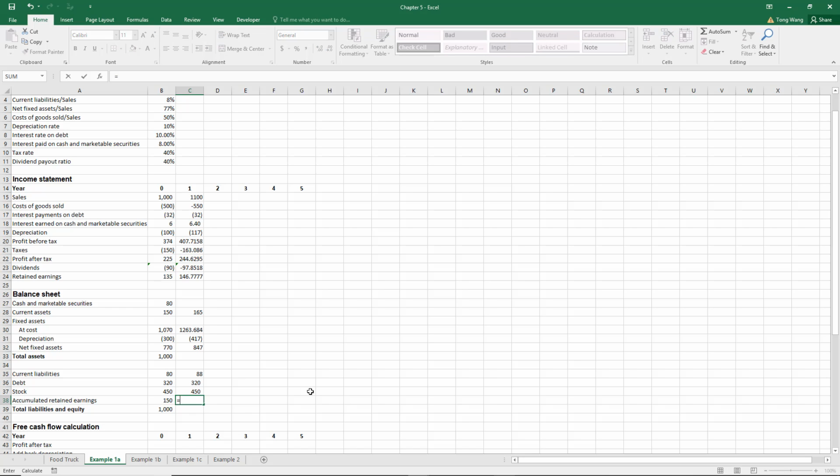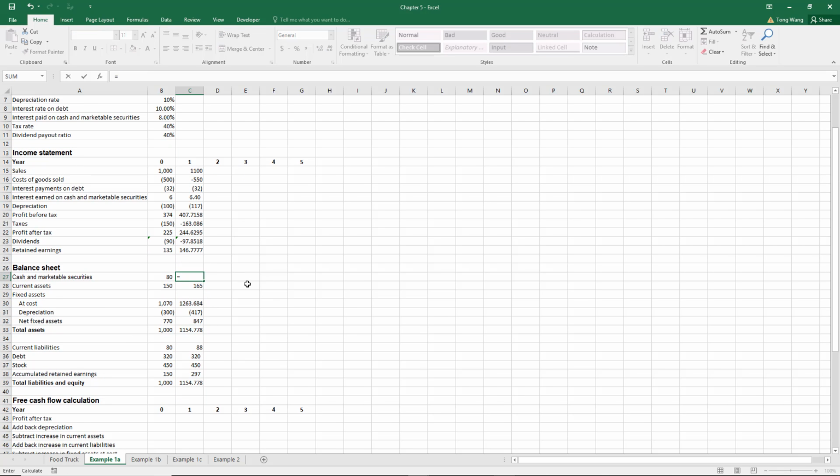Accumulated earning is equal to the previous accumulated earning plus the new retained earning. Balance sheet has to balance out, and the final step, we can back out the cash level.